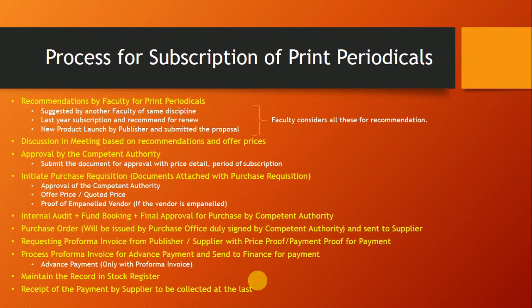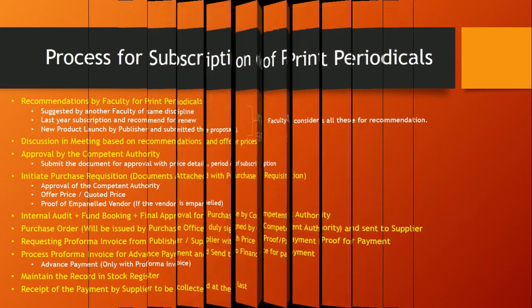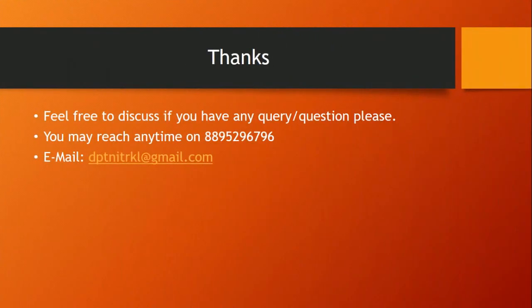And after making the payment, the supplier starts sending the different issues of the ordered journals, and this continues the whole year, till the subscription expires. So this is the complete procedure of e-resource and print periodical procurement.